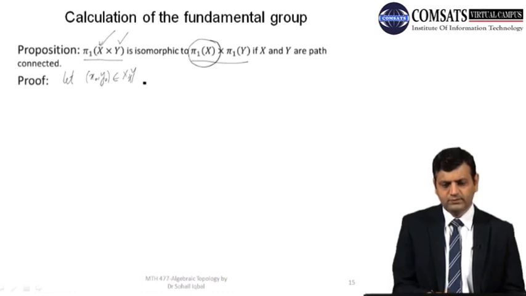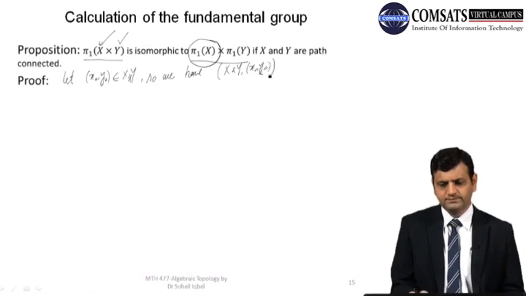So we have this pointed space X cross Y with the point (x naught, y naught), and similarly consider these pointed spaces X with x naught and Y with y naught.